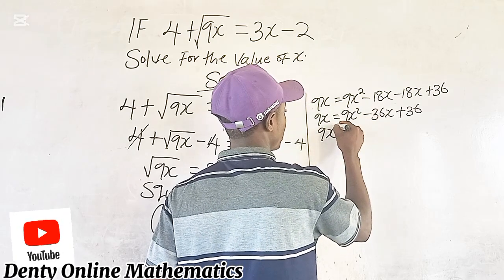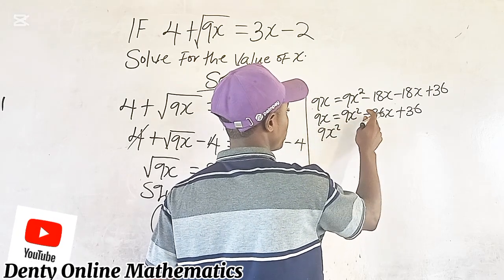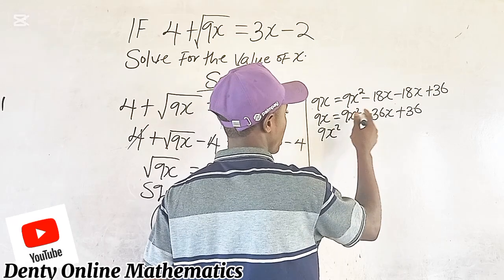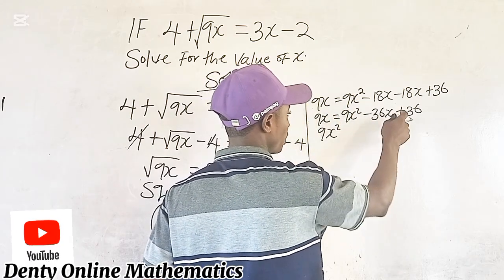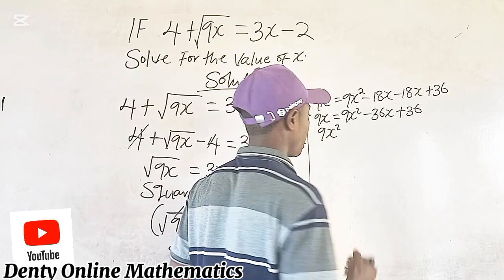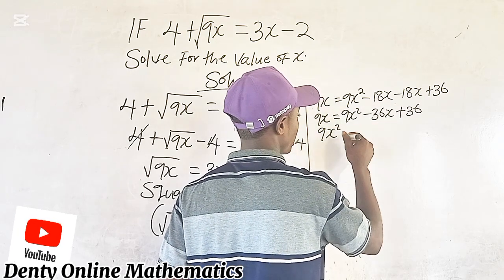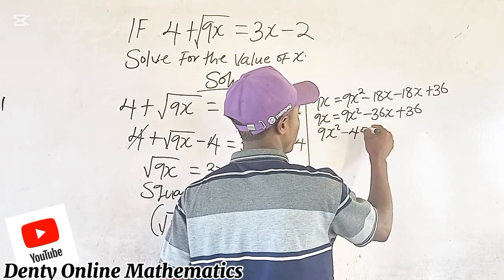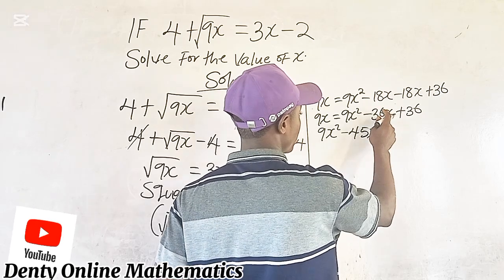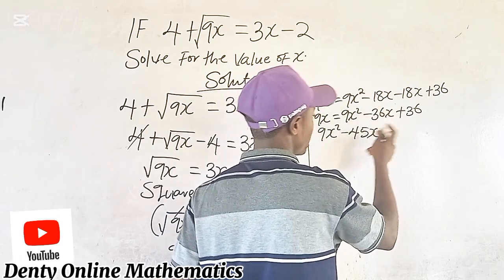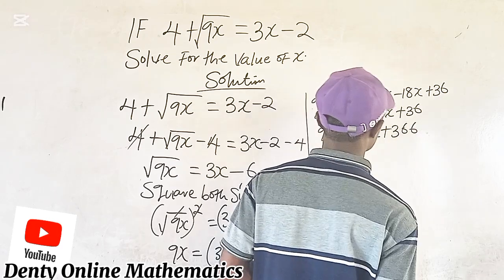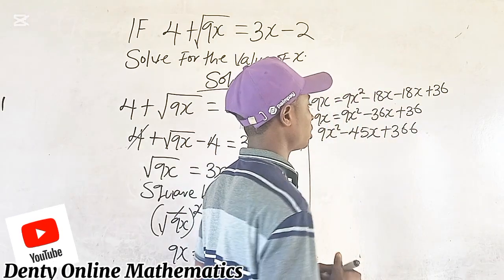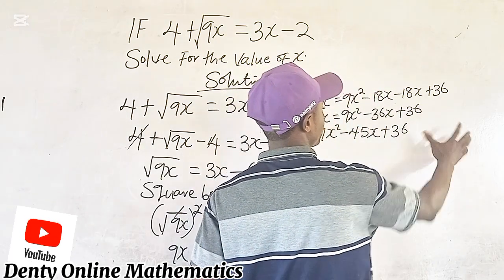Positive 9x will cross over to become negative 9x, so I have 9x squared minus 45x plus 36.